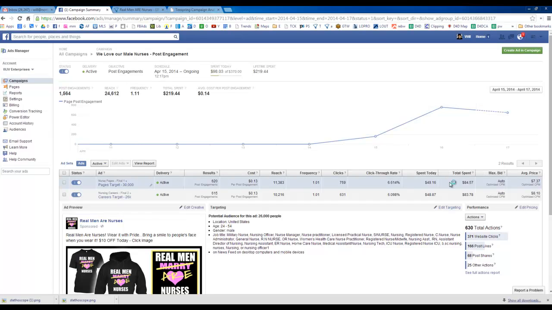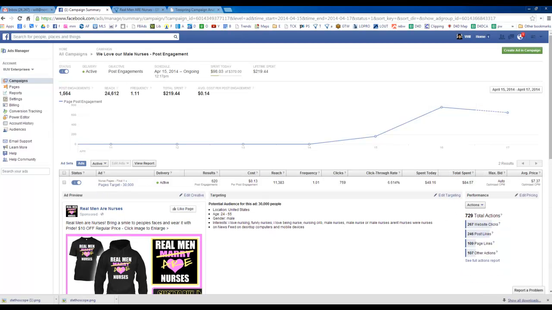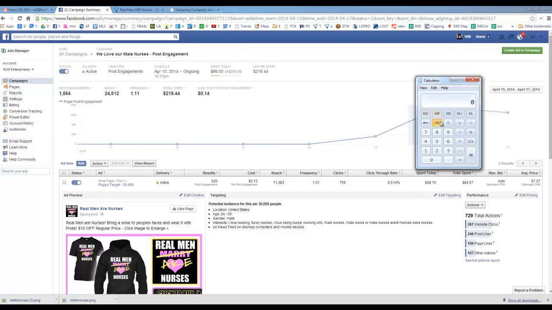Okay, so let's take a look at this other one. At $84, this one's going to be lower. I can see that already. So that one was at 23 cents. So let's say $84.57 divided by 267 clicks to the website, and that equals 31 cents per click to the website. Again, as long as we're staying under that 48, obviously I don't want to be close to that 48.